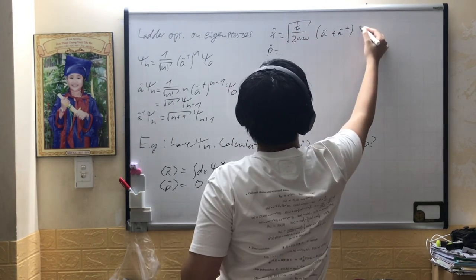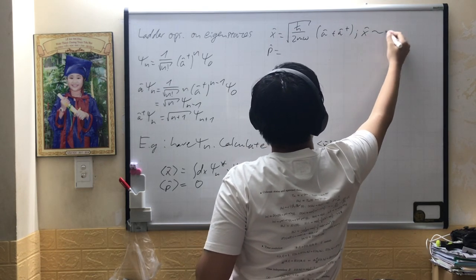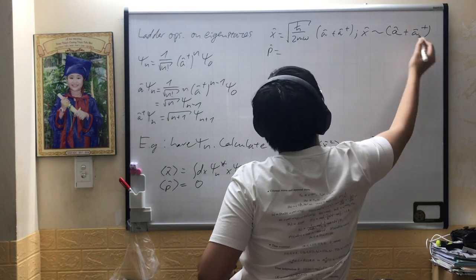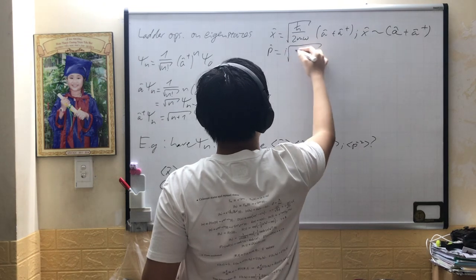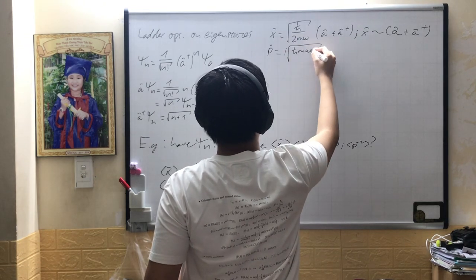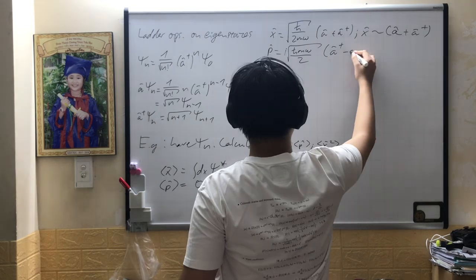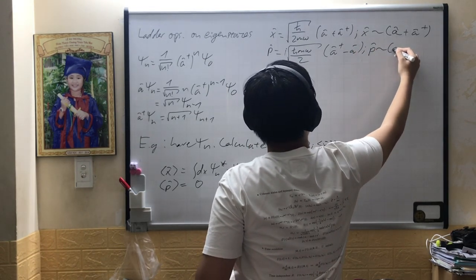You can just say that x is proportional to a plus a dagger, because when you do the math, you can plug in the constant later. What you really want to know is just what they are proportional to.